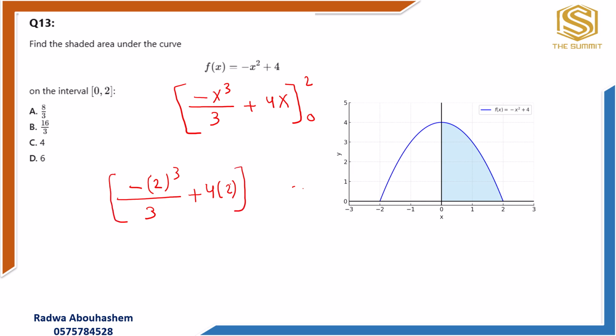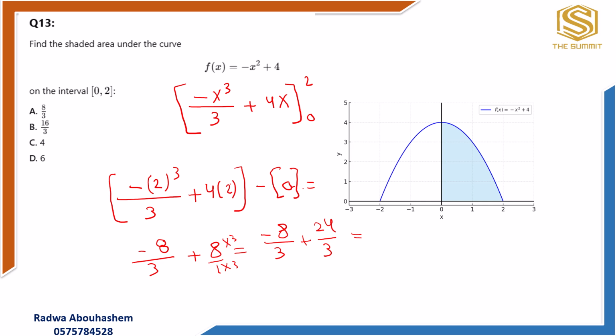And of course, if I substitute with 0, it gives me 0. So negative 8 over 3 plus 8. So I just make the same denominator here. So it would be 16 over 3.